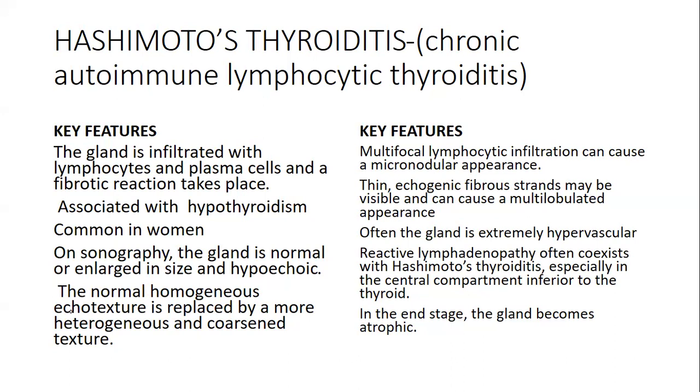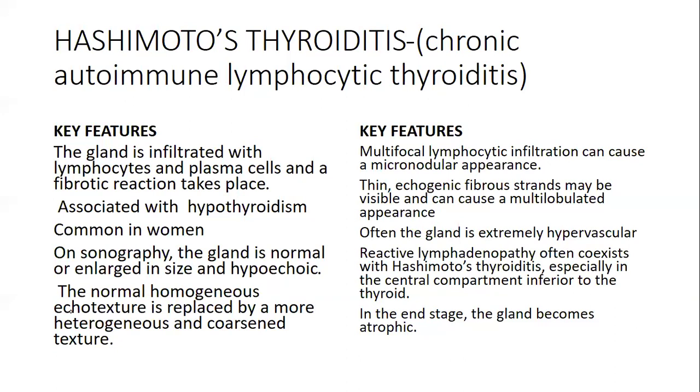So the gland is infiltrated with lymphocytes and plasma cells, and a fibrotic reaction takes place. This is associated with hypothyroidism. Hashimoto thyroiditis is usually associated with hypothyroidism.